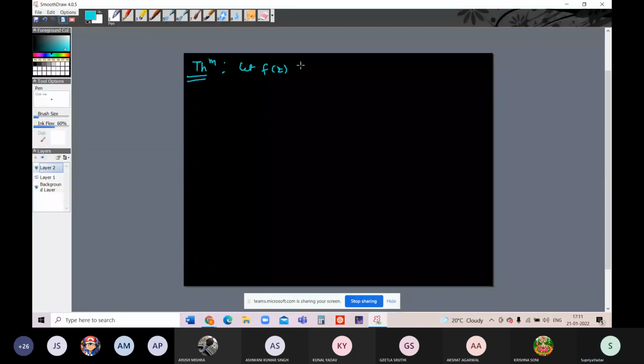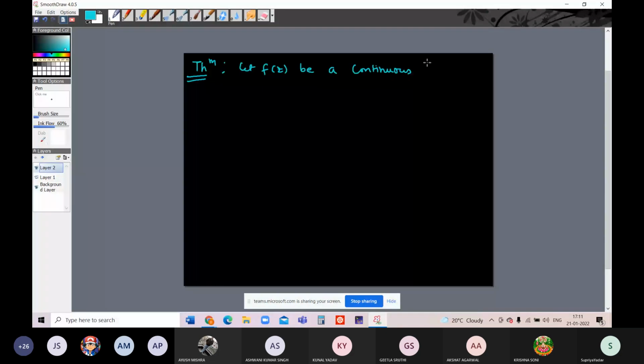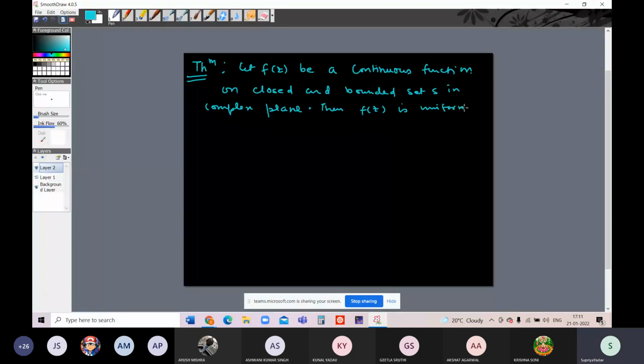Let f(z) be a continuous function on a closed and bounded set S in the complex plane, then f(z) is uniformly continuous.